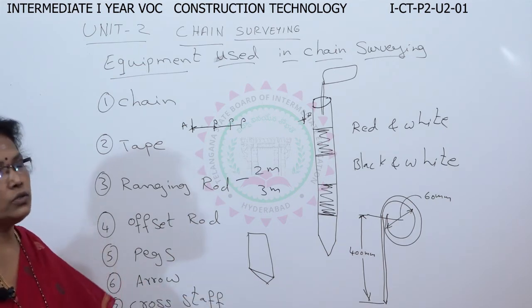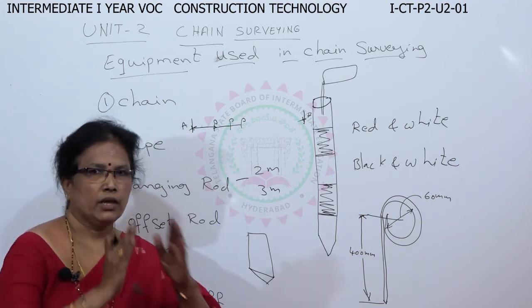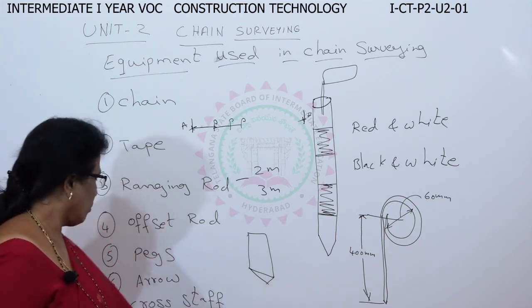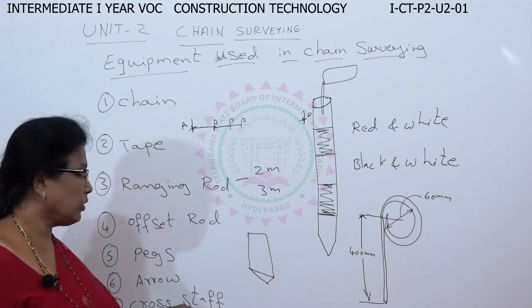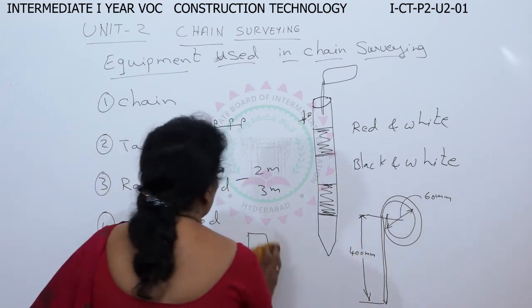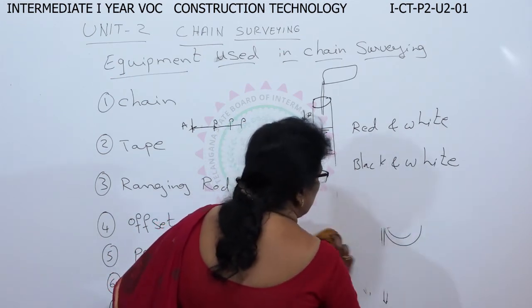Next is the cross staff. Why are we going to use this cross staff? To measure perpendicular distances. If we need to measure perpendicular distances, we are going to use this cross staff. Again, you have different types of cross staff. Let us look at them also.